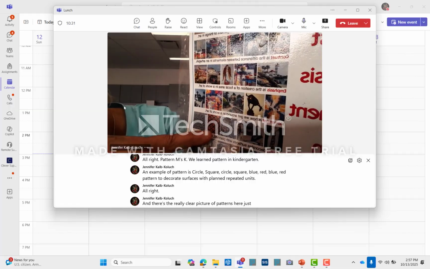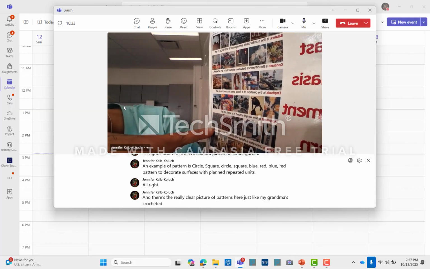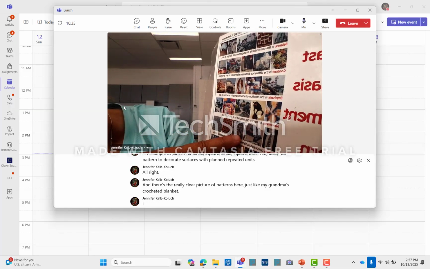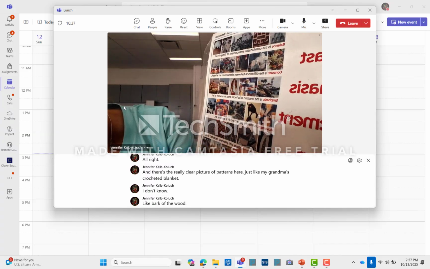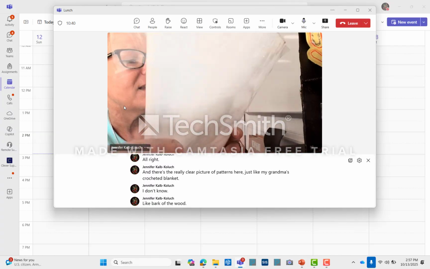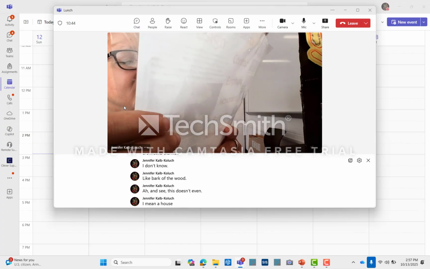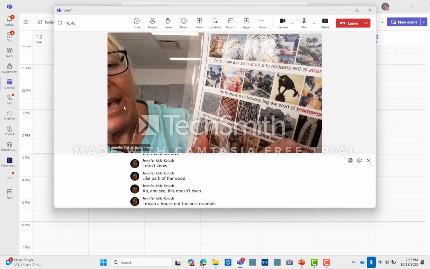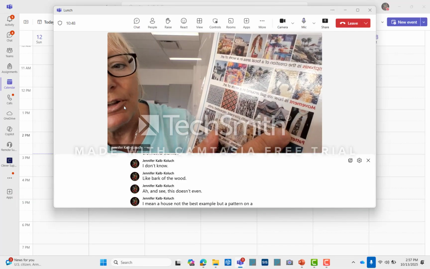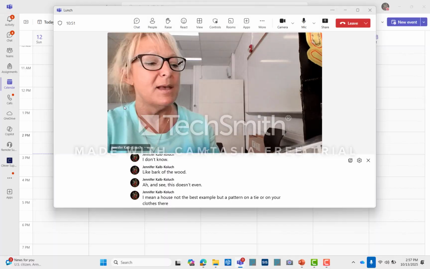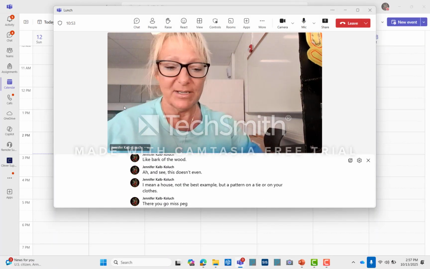Just like grandma's crocheted blanket. I don't know, like bark of the wood. I mean, a house, not the best example, but a pattern on a tie or on your clothes. There you go.